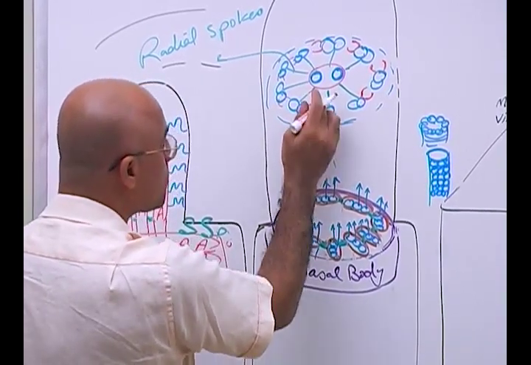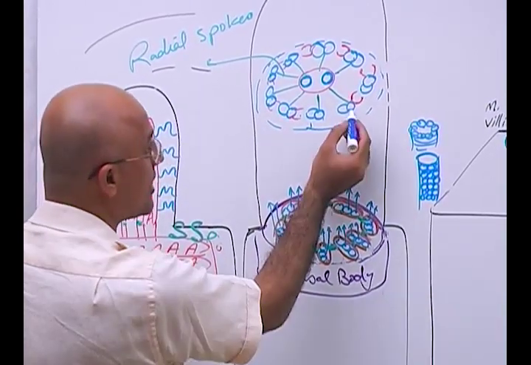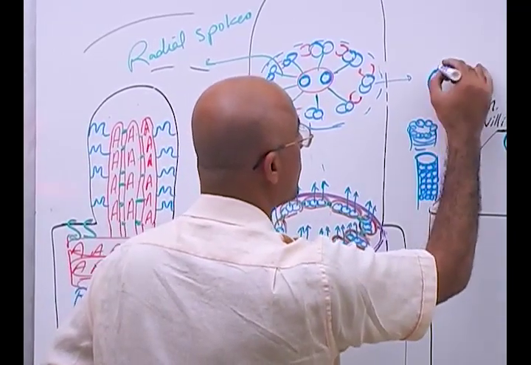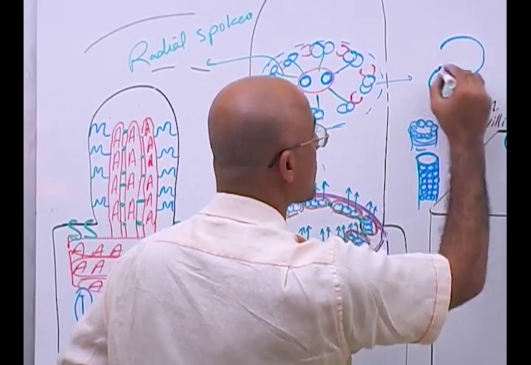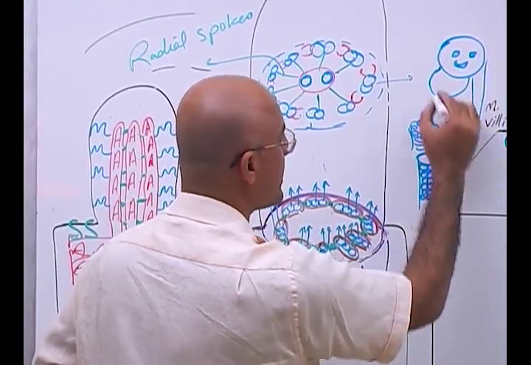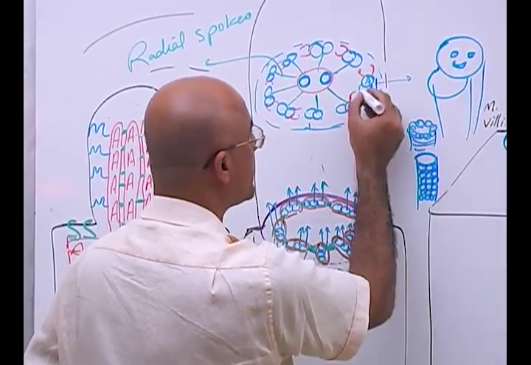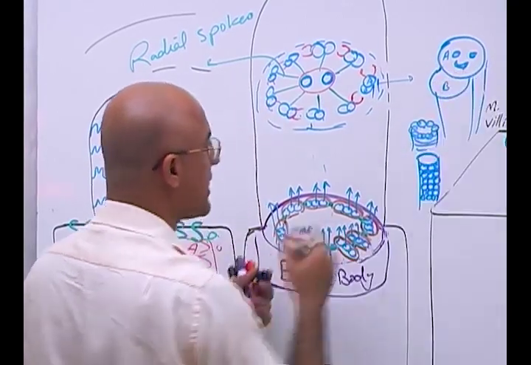Let me enlarge this here. This is one tube, A tube, and this is the other tube, B tube, and together they make a doublet.